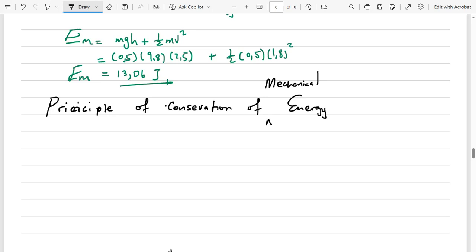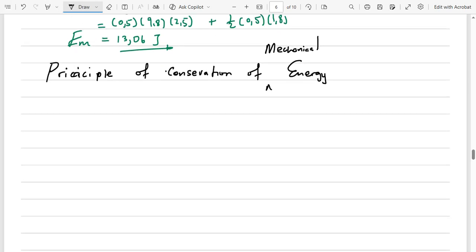In the absence of air resistance or any external force, the mechanical energy of the system is constant. It's like saying energy cannot be created or destroyed, but it can be transferred.